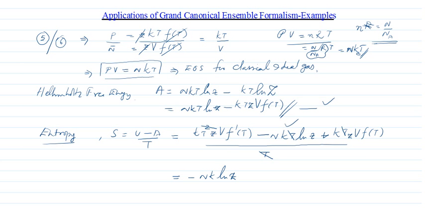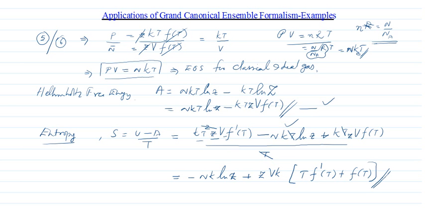Then plus, we can take a common factor zVk, which is common in both the first and last term. What remains is T into f dash of T, obtained from the first term, plus the f of T. So once you know the value of f of T, you will be able to do that.